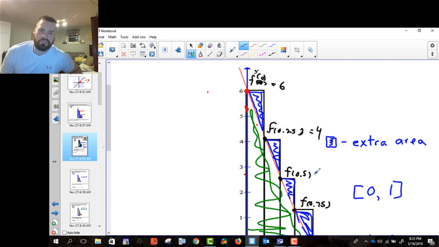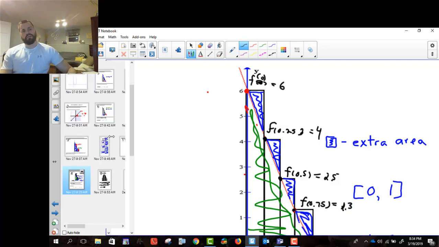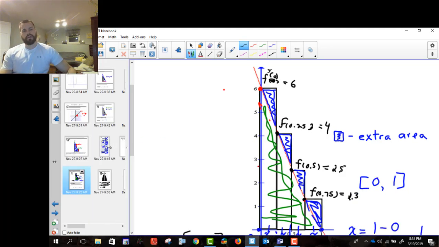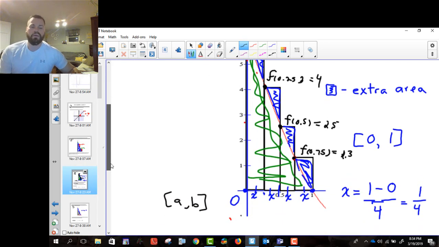This is about 2.5. And this is about 1 and a bit. So I'm going to say 1.3. Okay? And we take those heights and we multiply them by the base. And when we do that, we get our area.